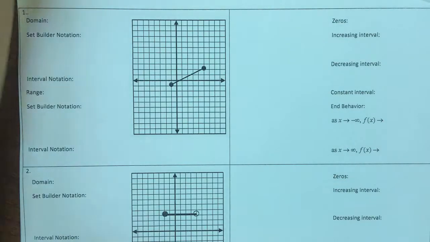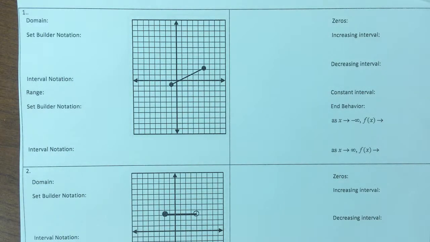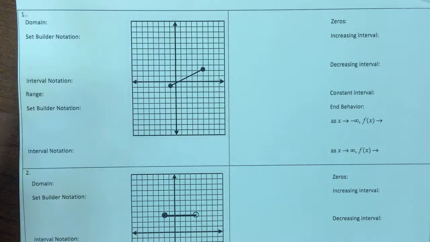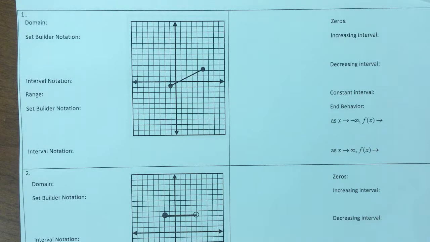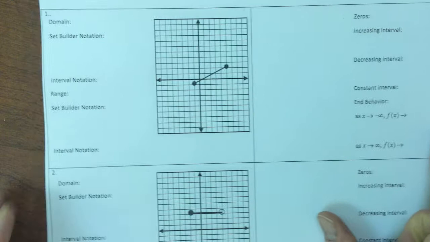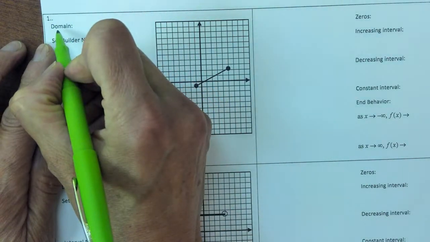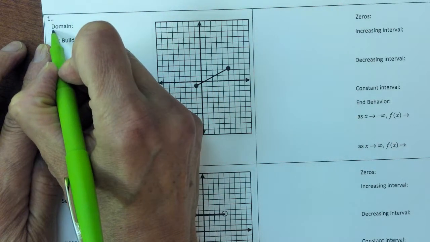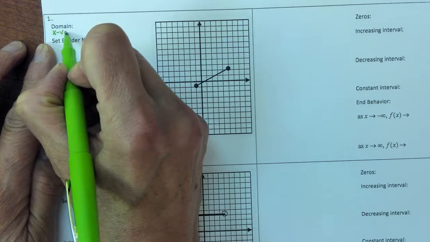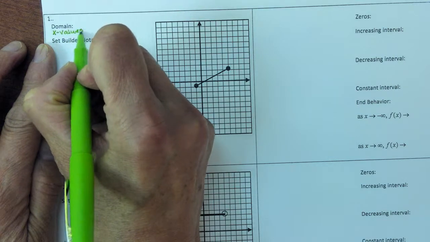There are some questions on here that we ask for the majority of graphs that we look at. So with domain, that happens to be our x values, our input. So I need to remember that those are x values.